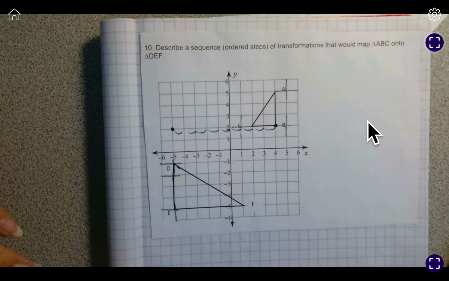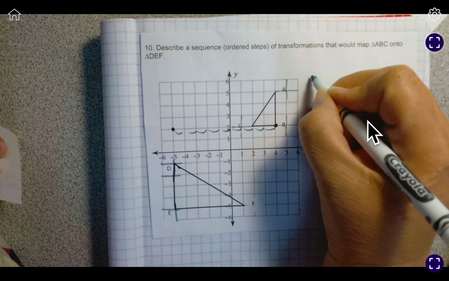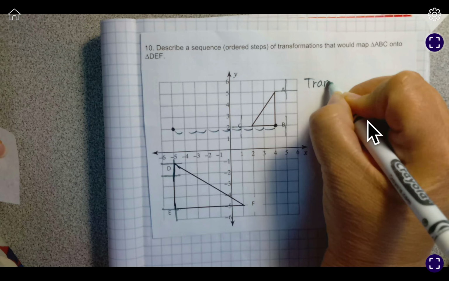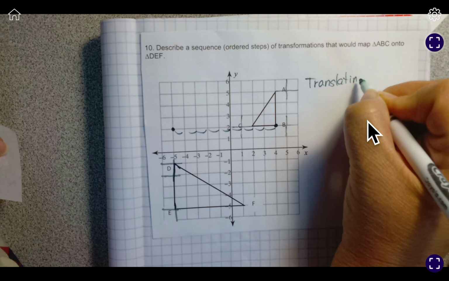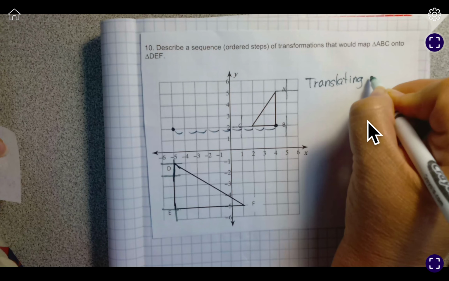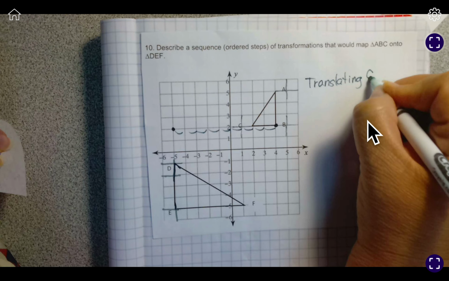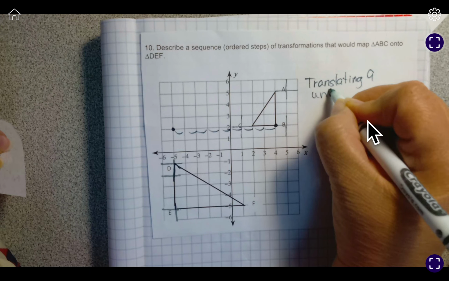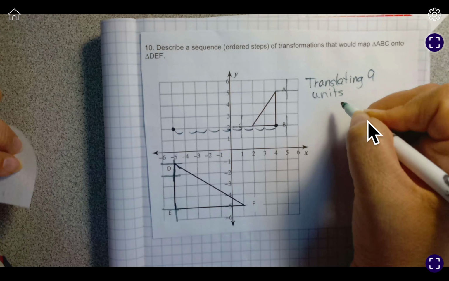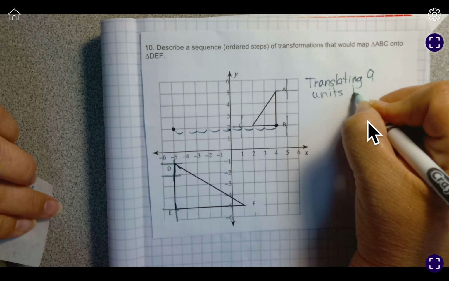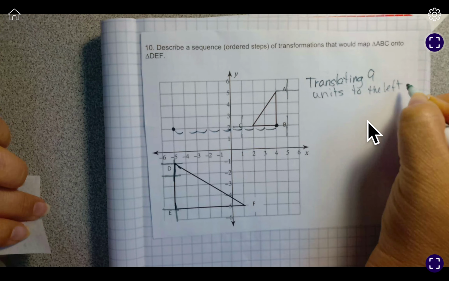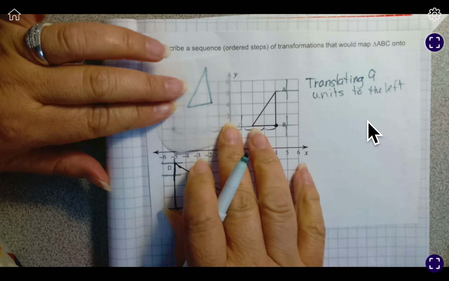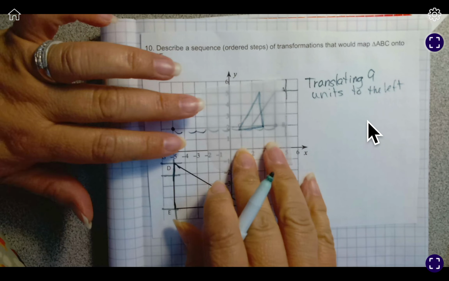So that we are translating nine units to the left. Okay? So we went from here to here.